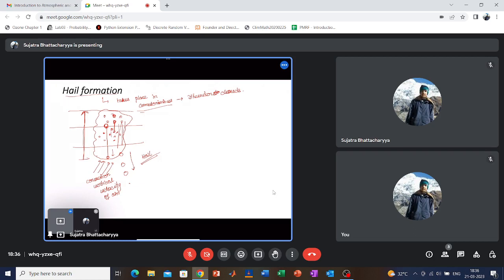Now when this falls and reaches the lower level of the cloud, updrafts tend to raise it up again, and when it rises, because of the evaporation of other water droplets, again it condenses. The size grows, but these are still ice. Now for 2-3 times or 4-5 times, it goes up and down like this, and when the updrafts suddenly become weak, this ice falls as hail. This is the formation of hailstorms.